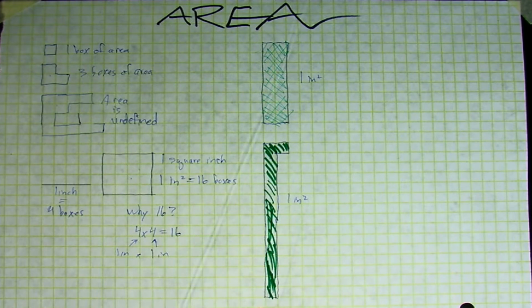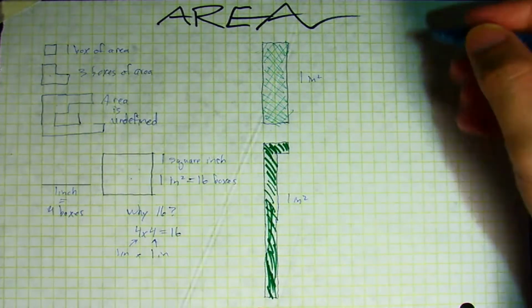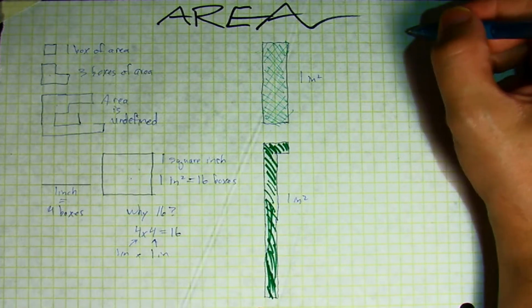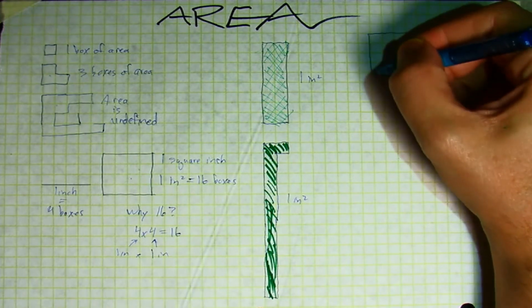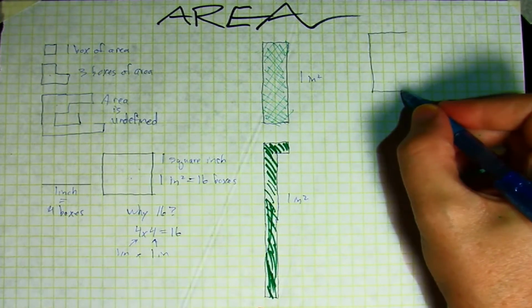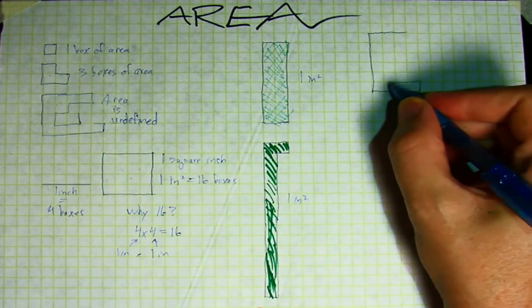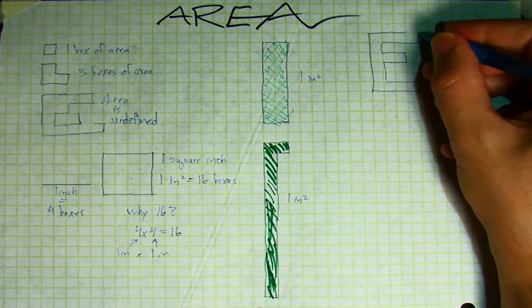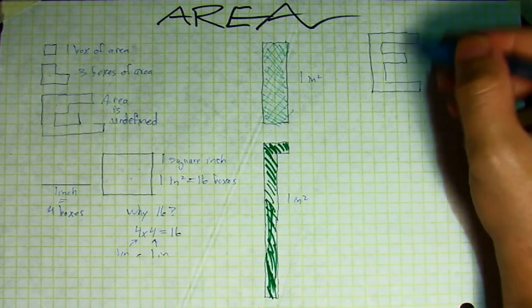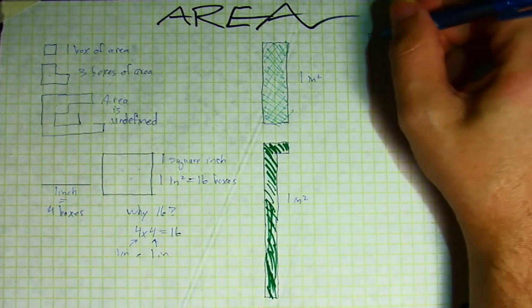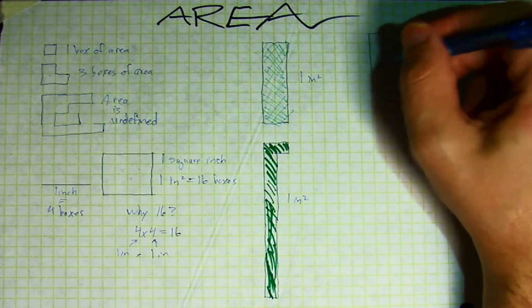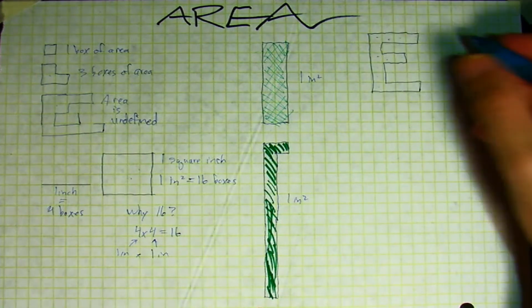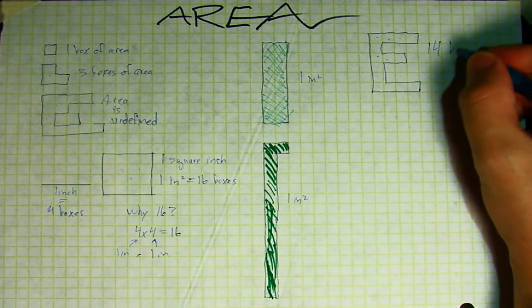So then we can move on to other shapes. Suppose we have something that looks like this. Let's draw perhaps a letter E. And let's make it look like this with a kind of shorter center bar that's a little higher than center. We've got 1, 2, 3, 4, 5, 6, 7, 8, 9, 10, 11, 12, 13, 14 boxes of area.